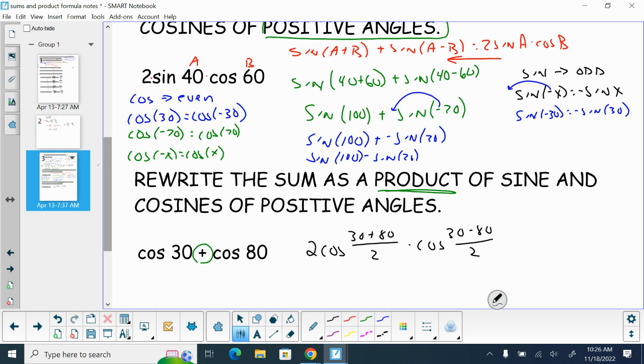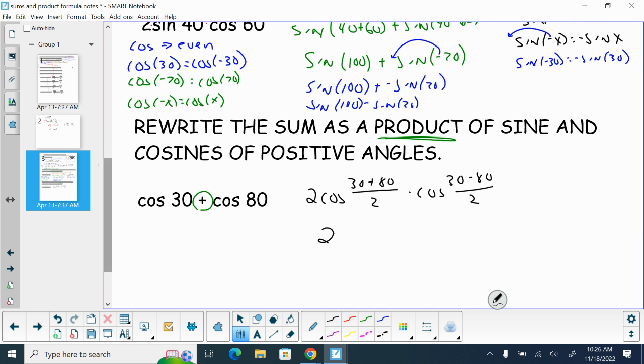So calculating our values here, 30 plus 80 divided by 2 gives us what? 55, times the cosine of 30 minus 80 divided by 2, which gives us what?